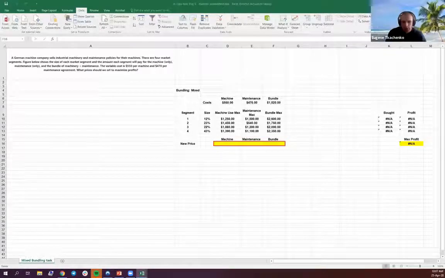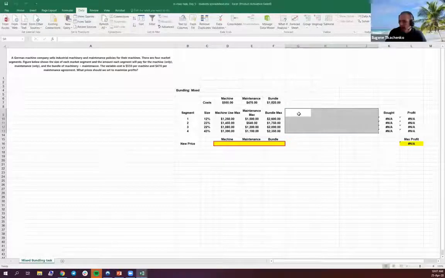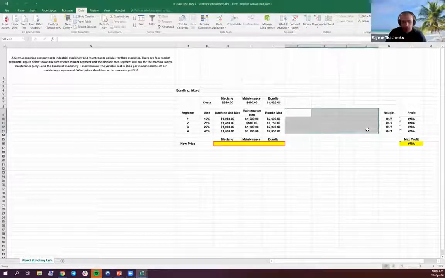Okay, Victor, can you share your screen so you can take us through the way you created this group or these calculations in these cells, and then Saman will take us through the way he came up with the price.